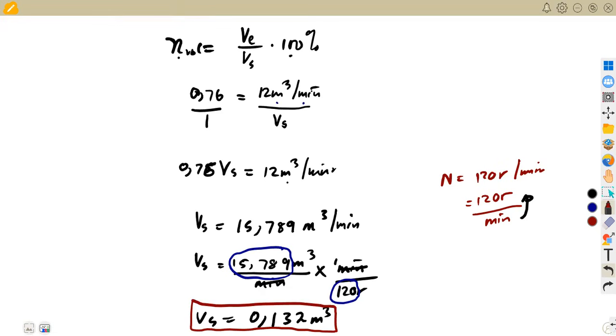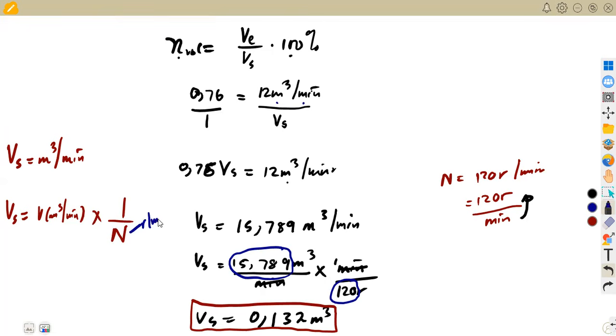All right, so in actual sense, what are we actually saying here? Given the volume, in this case, given our VS in cubic meters per minute, for us to convert this VS to cubic meters, we are going to multiply the volume that is in cubic meters per minute times 1 over n, whereby n is given in revs per minute.